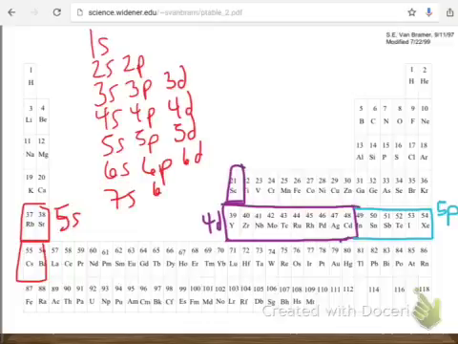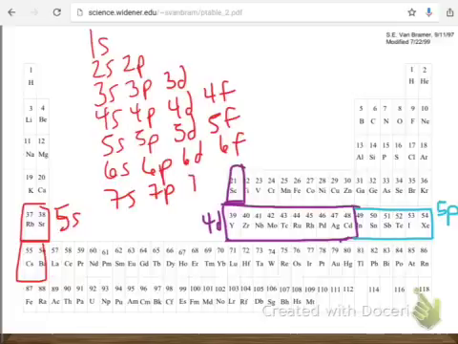I'll throw 7P in there for good measure. And 4F, 5F, 6F. Let's throw 7D in there for good measure. 1, 2, 3. Oops. Well, I'm making those really messy. Maybe I should just make that a pencil.